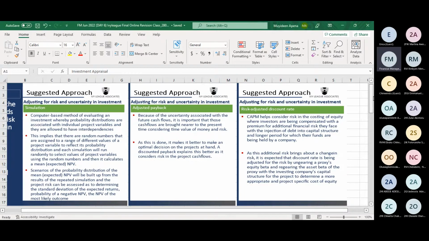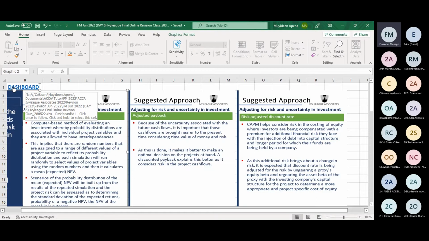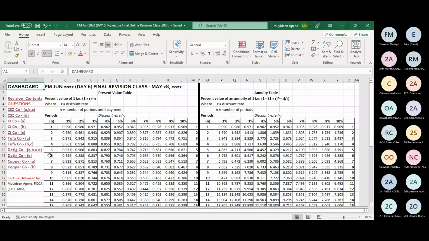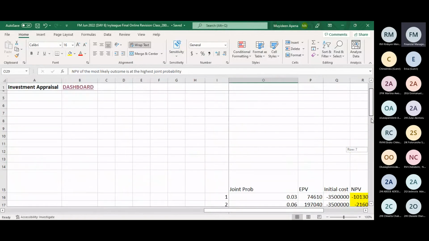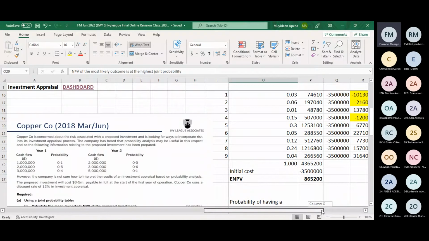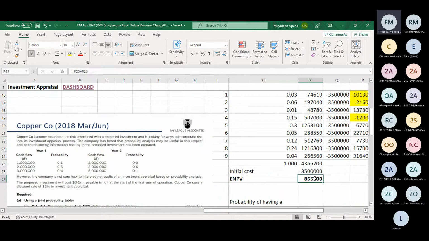Okay, so in this case, let's go back to that question. If I hear you well, you are not able to calculate this expected net present value. Is that what you are saying? Yes, sir. Okay, so that's fine. Remember, calculating this is 8 marks.